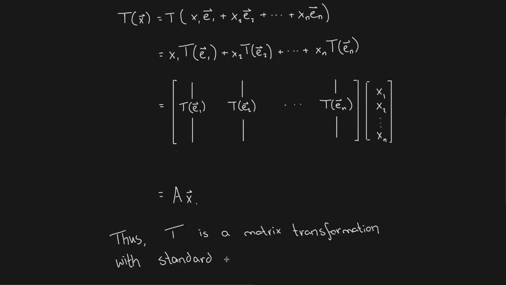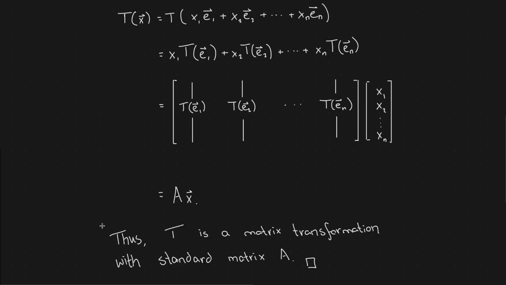We call it the standard matrix of the transformation. So transformation T is induced by matrix A, but matrix A is the standard matrix of transformation T.